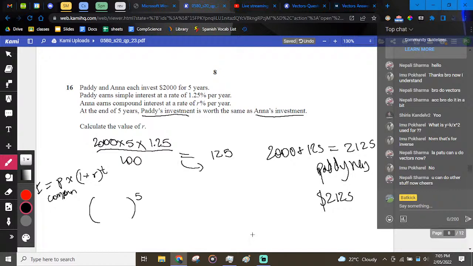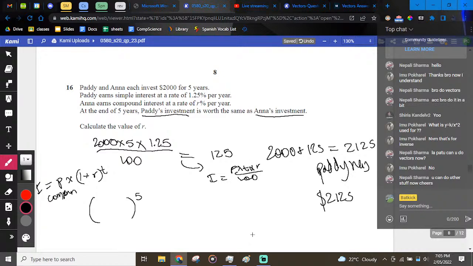While for simple, its interest is principal times time times rate over 100.